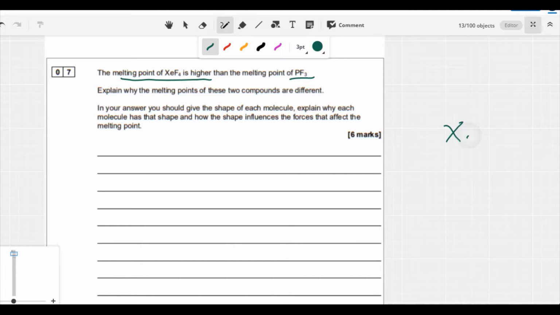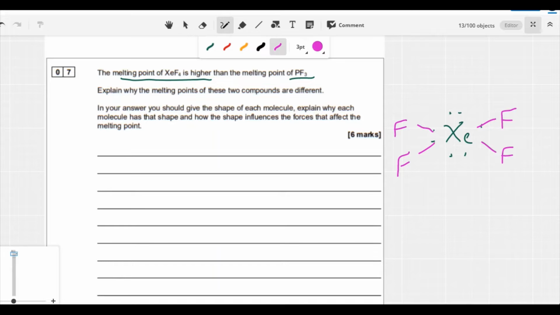As we know, xenon is a noble gas that normally contains a total of 8 electrons, so I am going to show you 1, 2, 3, 4, 5, 6, 7, 8. And 4 fluorines are combined, so xenon will make a square planar geometry when the 4 fluorines attach to it.